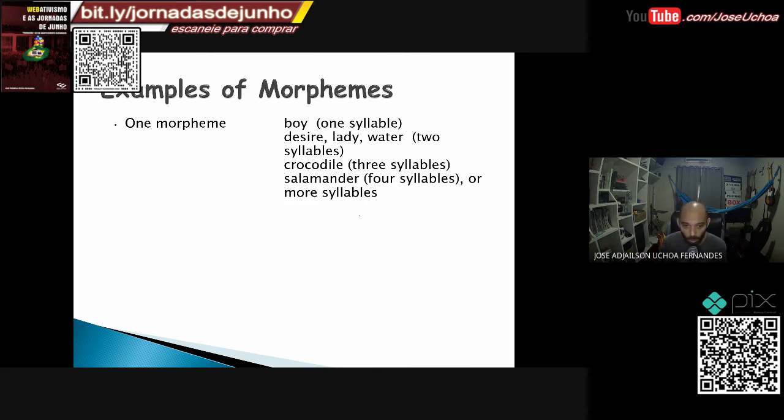But in these examples I quote here in English, all these words they are composed of only one morpheme. But we also have words with two morphemes, like boyish. When you behave like a boy, we say you have a boyish behavior or a childish behavior. So in this case, we have boy plus ish or selfish.